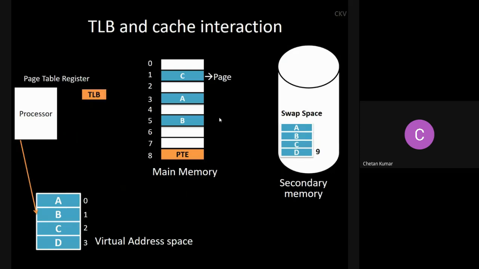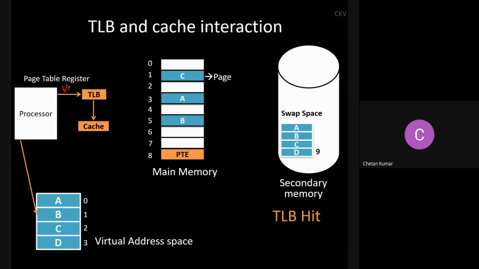Initially, the processor will send a virtual address, and that virtual address will be sent to the TLB for getting the address translation information. So from there, you'll get the physical address. If it is a TLB hit, you will be able to get the information in the TLB itself.